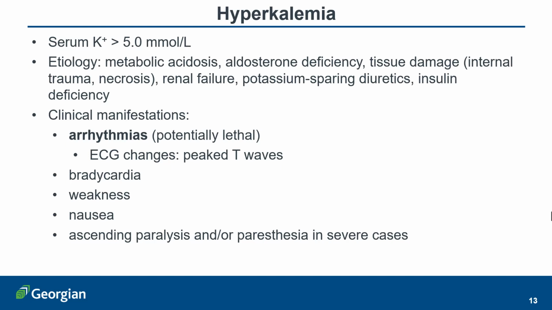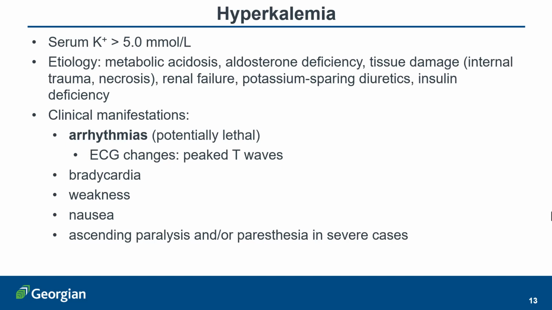What are the clinical manifestations of hyperkalemia? Well, it's all related to cardiac functioning, specifically the intrinsic conduction system of the heart. Hyperkalemia leads to various arrhythmias, potentially lethal arrhythmias such as ventricular fibrillation and ultimately asystole. What are the ECG changes that occur in hyperkalemia? The main one is peaked T waves. So if the T waves look very tall and peaked, that could be an indication of hyperkalemia.